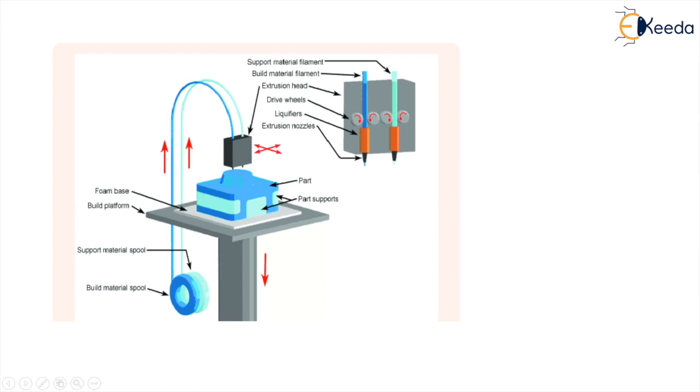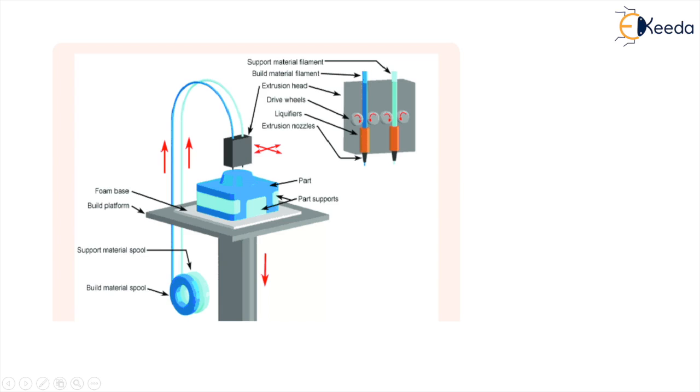This is shown inside of this chamber. See here, we are feeding the material spools for build as well as for support through this extrusion head, and we are getting this part.